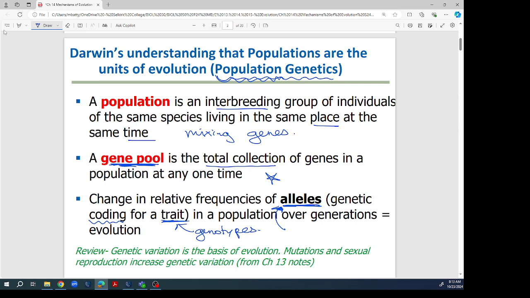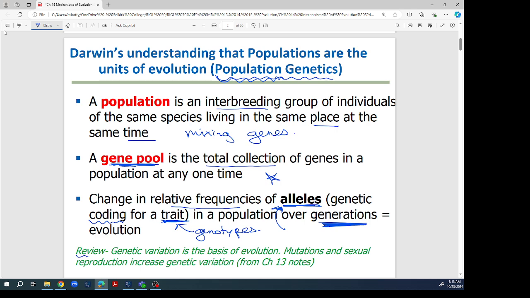And we would map the traits that are there, whether they're expressed or not. And over generations, again, this idea that we have to think bigger in time and bigger than ourselves to understand evolution, this idea of tracking alleles over time and that relative frequency is what we track in population genetics.